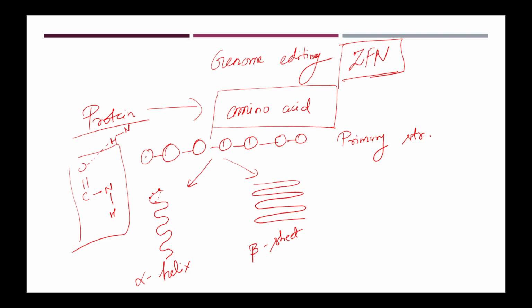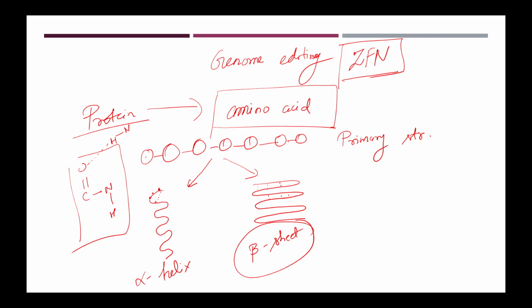Similarly, if the structure of the amino acids is arranged in a pleated sheet form, then it is a beta sheet. There also, similar hydrogen bonding takes place. In the alpha helix, in the same primary linear chain only, intramolecular hydrogen bonds are happening.